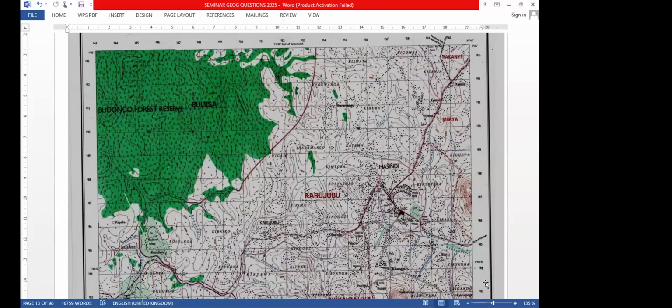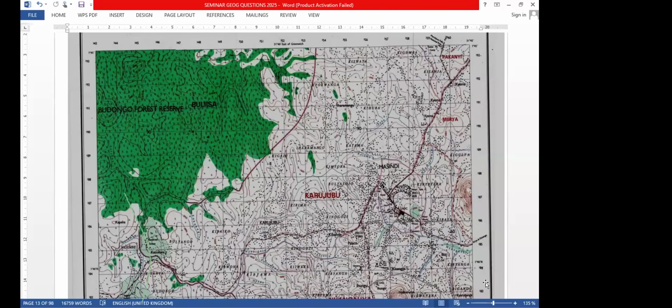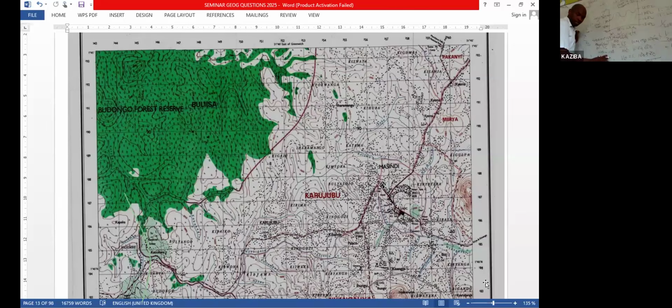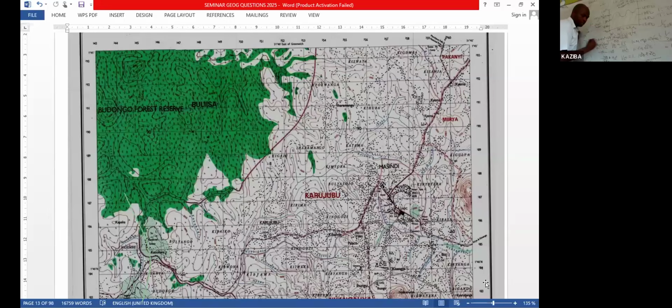So you say 400, which is now the amplitude over this distance here, 5 kilometers. But now you have to convert this into meters and you have to convert this into meters. You ask yourself, how many feet are in a meter? You multiply by 0.3. How many meters are in a kilometer? You multiply by 1,000. So 400 times 0.3 divided by 5,000.